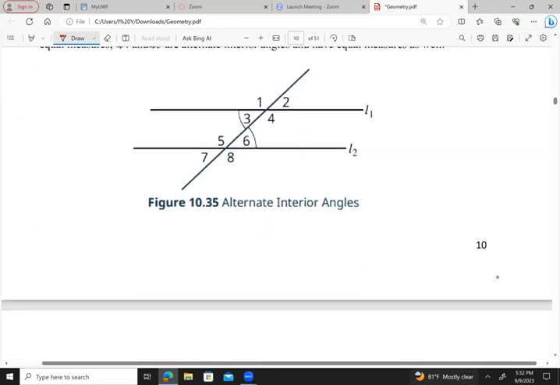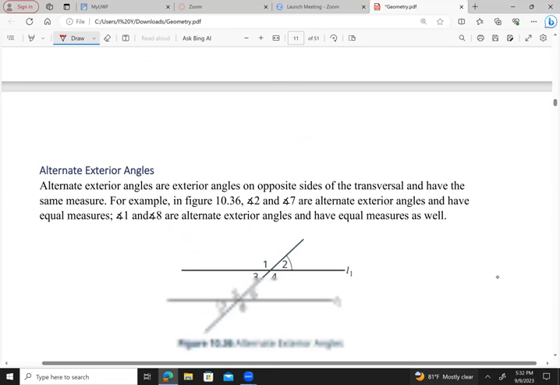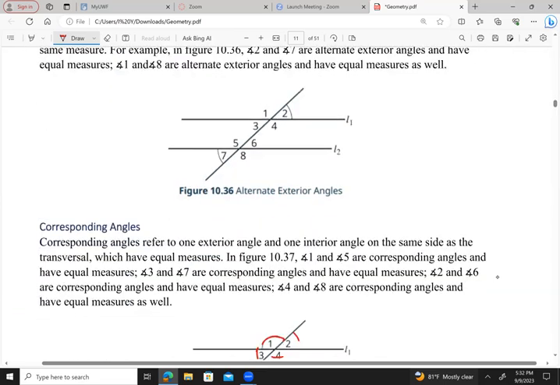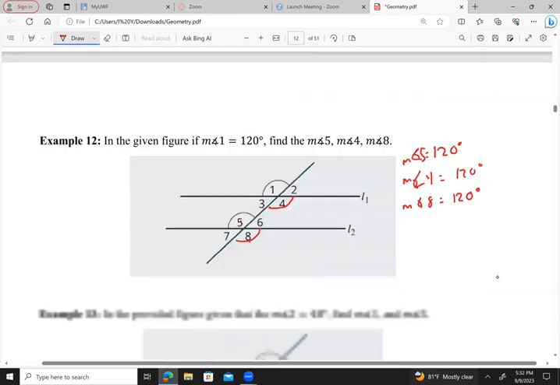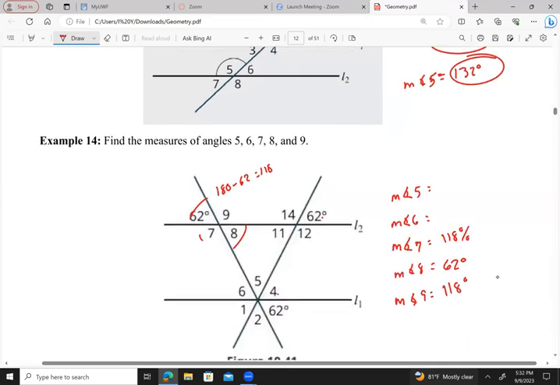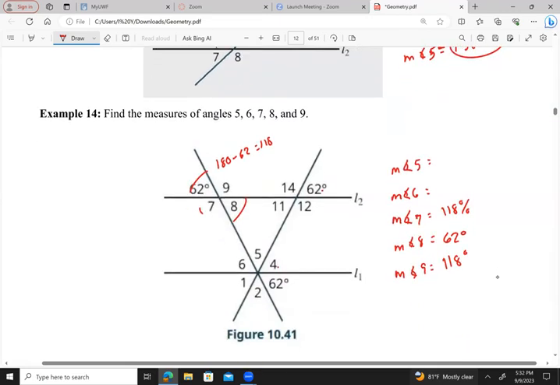They're not alternate exterior. So we're looking at corresponding angles here and here. So this is 62 as well.